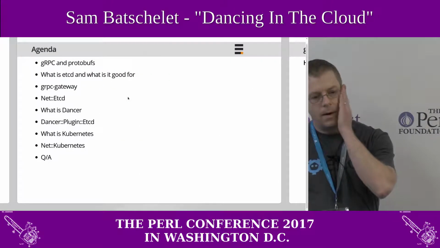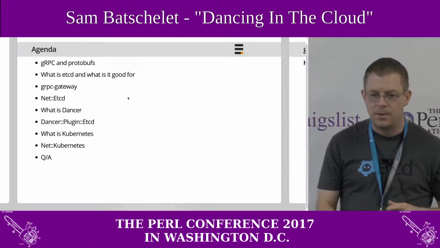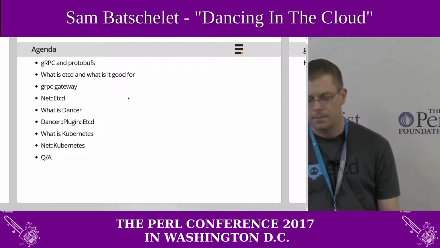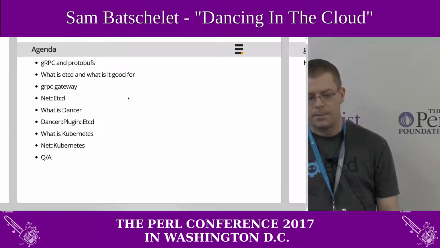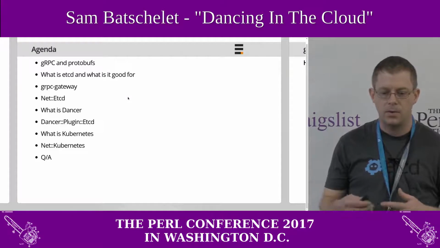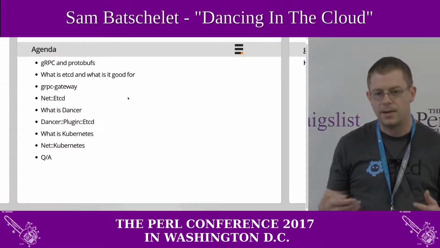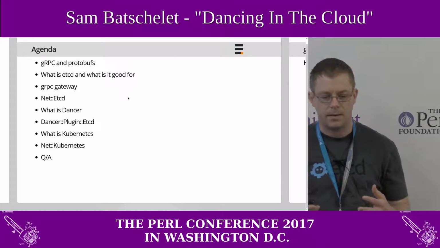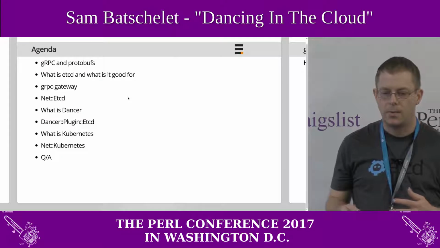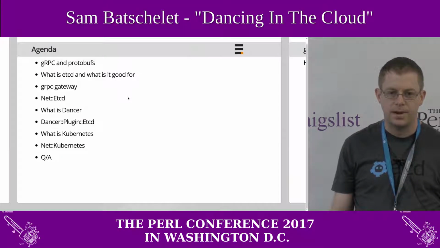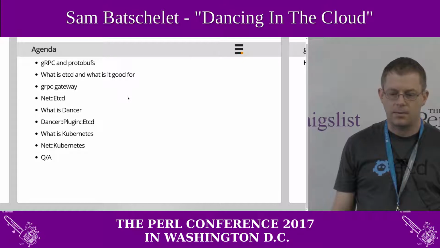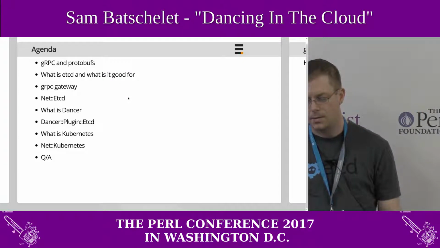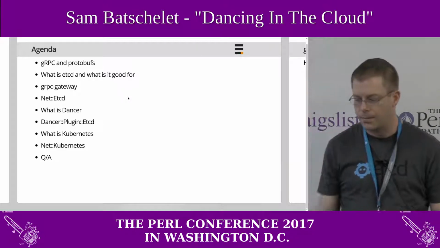So this is the agenda. We're going to go through the foundations of some of the communication protocols, gRPC. We're going to go through a new way to allow legacy languages or legacy applications to communicate with gRPC using JSON, like a traditional REST API, which gRPC does not directly support.